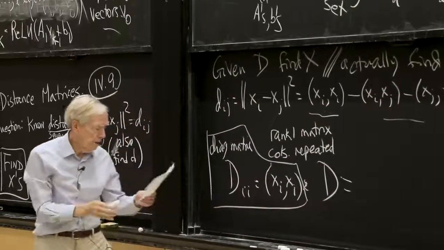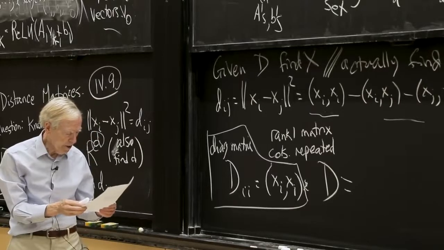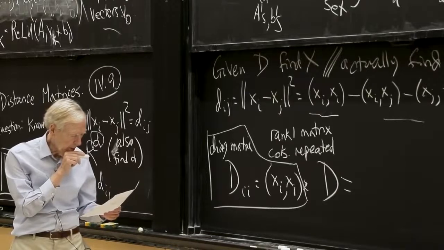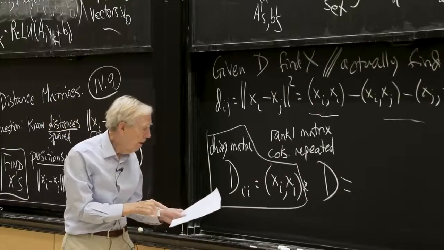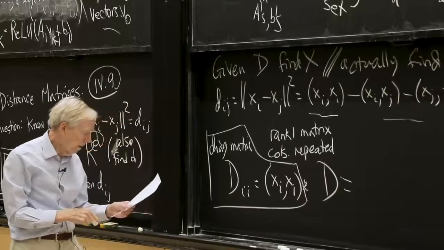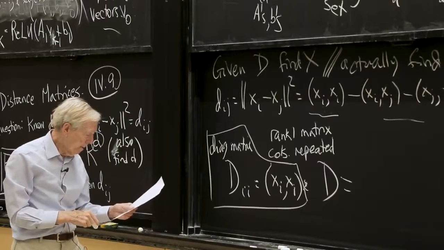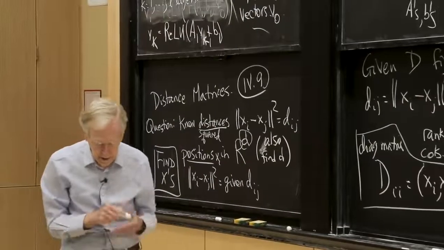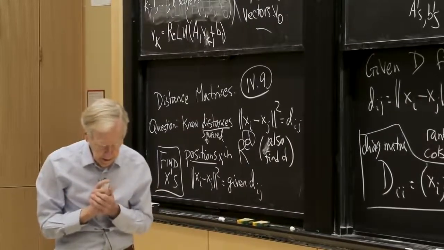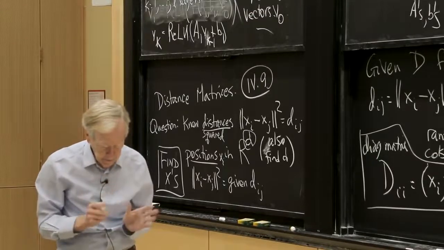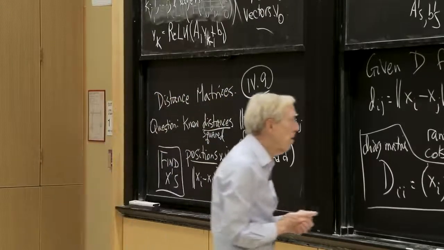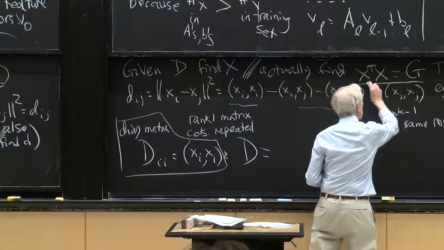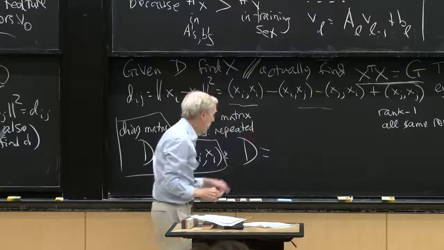So this is the diagonal matrix. Maybe it's just a vector, I should say. Can I write down the equation that is fundamental here, and then we'll figure out what it means. So it's an equation for G, for the dot product matrix.